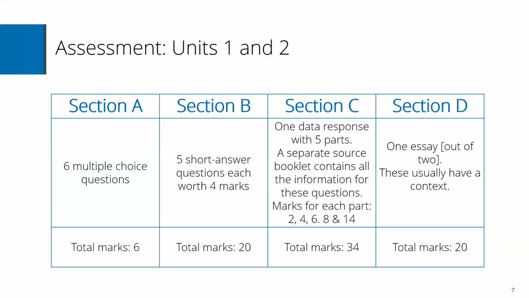Section C is out of 34, so the most marks for any of the sections on the paper for these 2 units. That has 5 questions, but they have different mark tariffs. It's broken down into 5 different questions, each with a different command word. The source booklet that goes with the exam paper contains all the information to support students answering these questions, and the marks for each of those are 2, 4, 6, 8 and 14 marks.